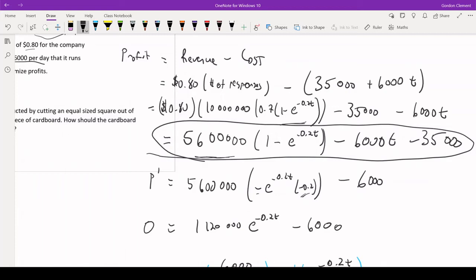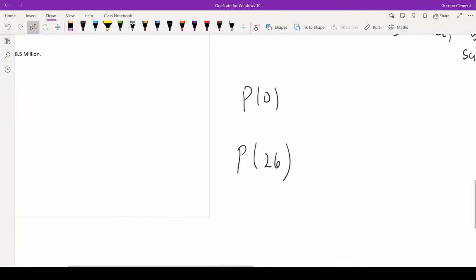So when I plug in 0, the e to the thing becomes 1. So this 5.6 million times 1 minus 1 just goes away. The minus 6,000 goes away because we're multiplying that by 0. So we're left with a profit of negative $35,000. Which makes sense because that was their starting cost and they haven't made any money yet.